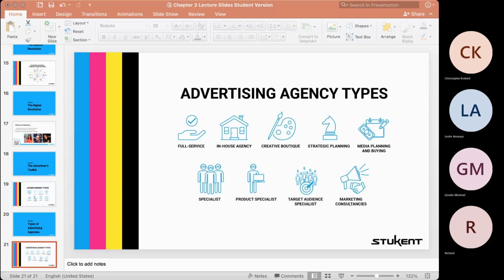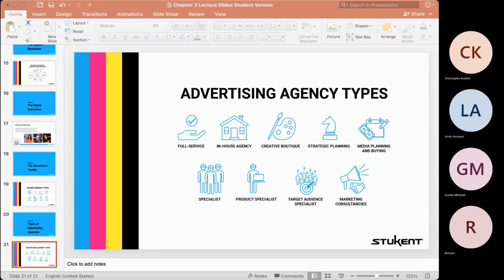African American advertising agencies like Barrel Communication. They are specialists for groups. Agencies targeting Asian Americans, you can have them there. Then we have agencies targeting only LGBTQI, etc. They are all there. So these are target audience specialists.